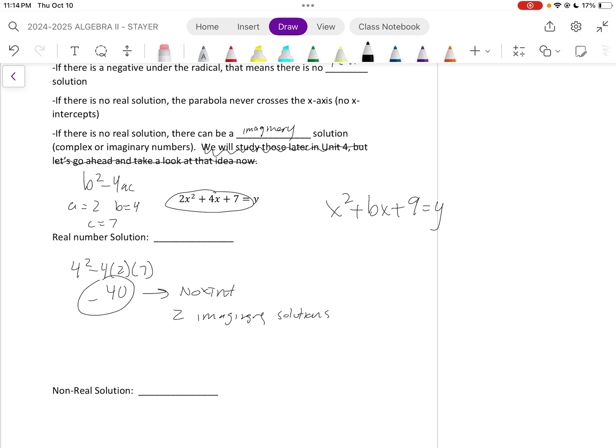What number, and they'll ask the question like this, what number is b to have one x-intercept? So we know we have b squared minus 4ac, and because it says it's one x-intercept, I know that it has to equal 0. I don't know what b is yet.